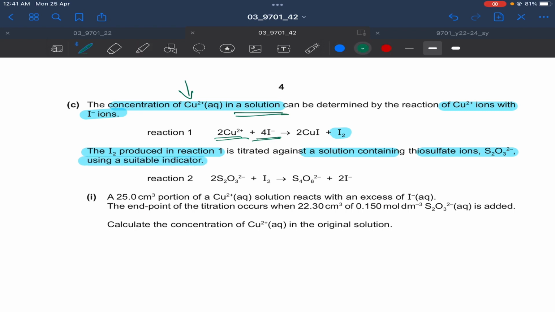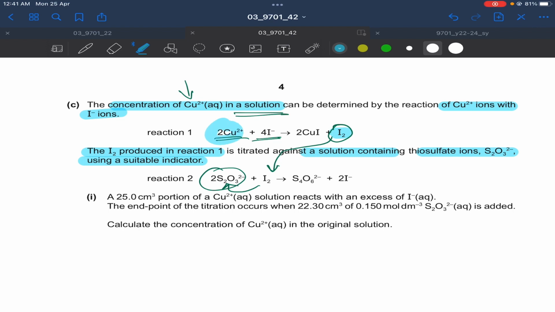So the iodine which was produced in reaction 1, that iodine is reacted with sodium thiosulfate, right? And they have given us the ionic equation, only thiosulfate ions, and this reaction is happening using a suitable indicator. Now, just remember that we have to find out the concentration of copper ions.